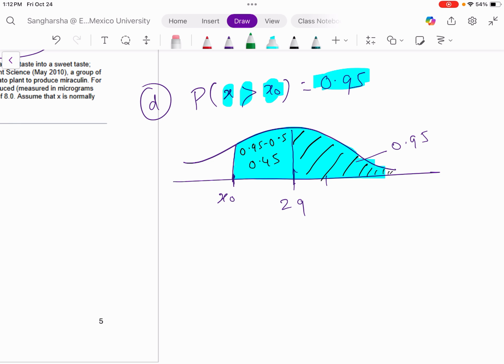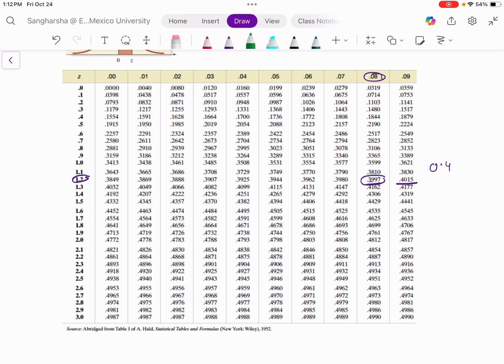Now we look for the number close to 0.45 on the g table and find the corresponding g value. So 0.45. Here 0.4505 and 0.4495. These two numbers are at the same distance from 0.45. So we take the average of the g values for these numbers.